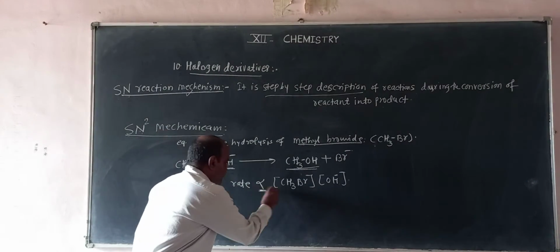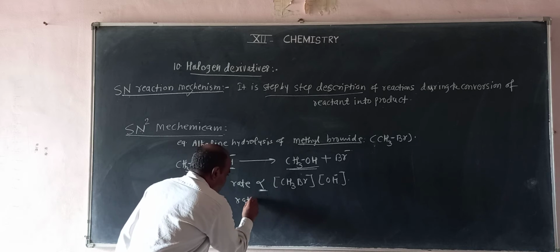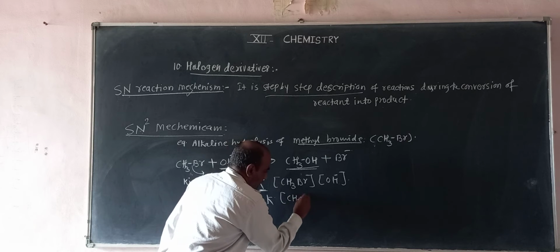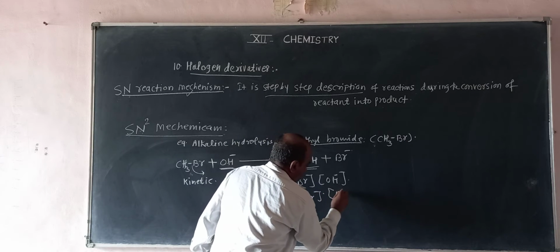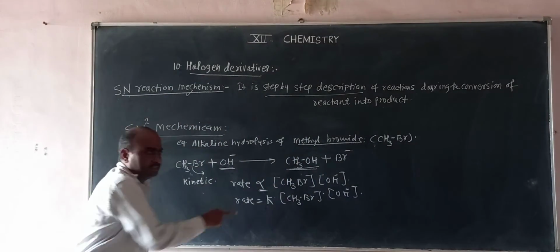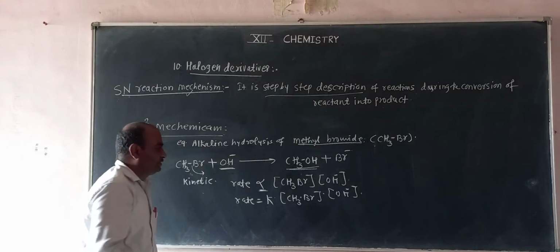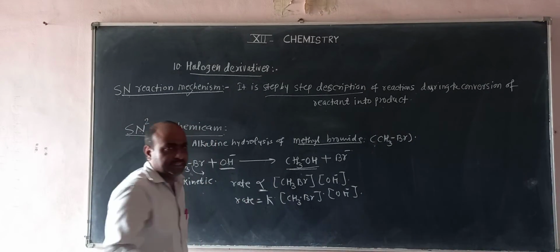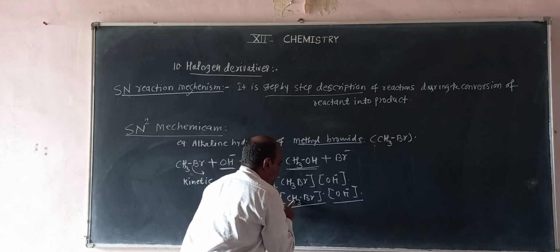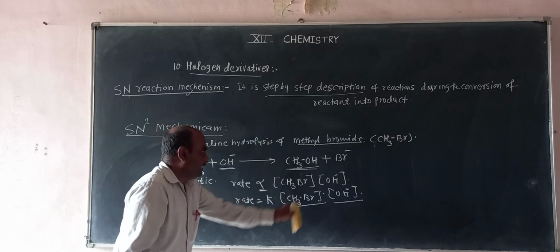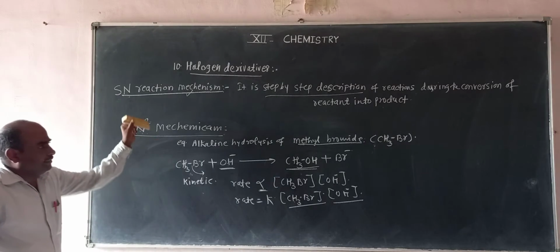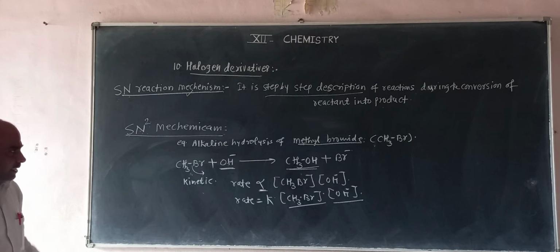To cancel this proportionality sign, we use one constant. Rate is equal to K into concentration of methyl bromide into concentration of OH minus. So this kinetic study shows that the rate of the reaction depends on the concentration of both the reactants, that is, CH3Br and OH minus ions. Hence, it is a nucleophilic substitution bimolecular reaction.